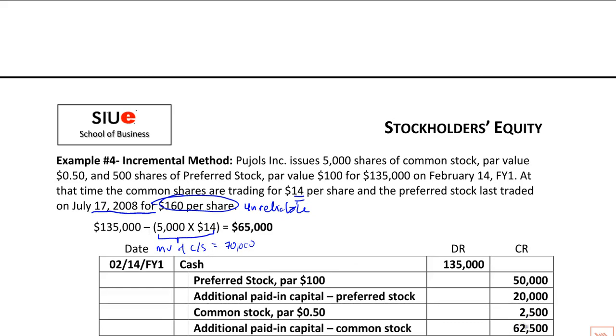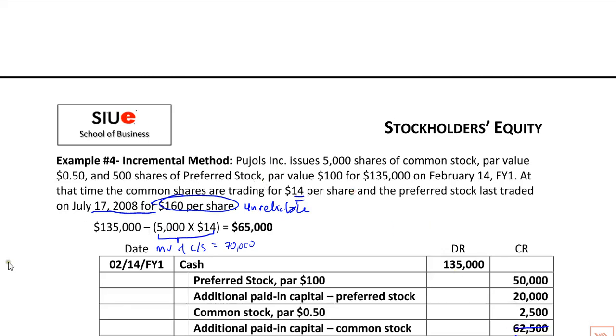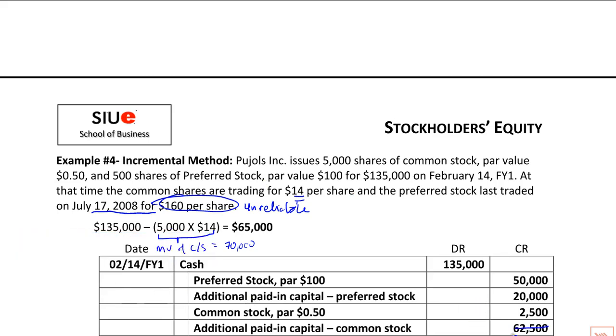So this should be market value of the common stock is 70,000. So this number should be 70, $77,500, and this number should be 15,000. Okay.